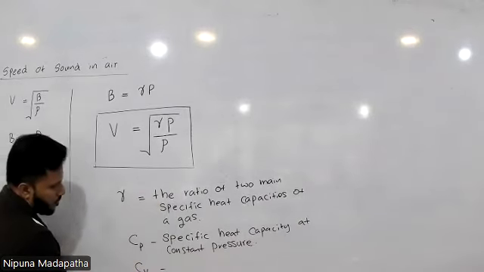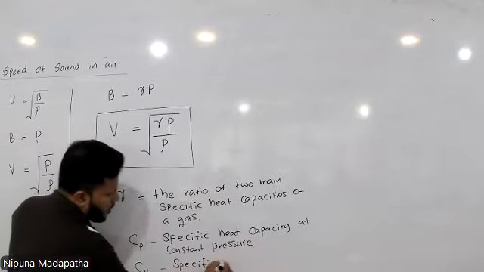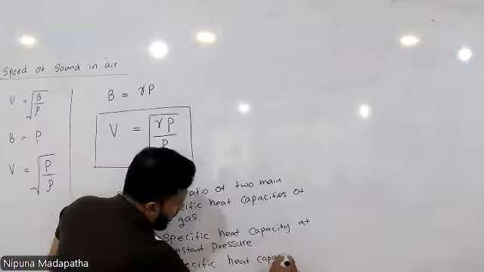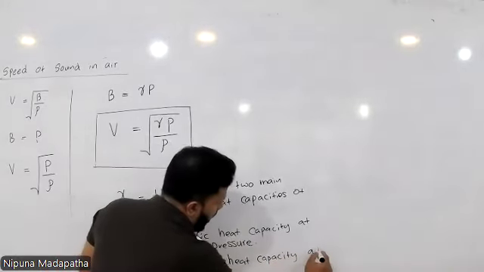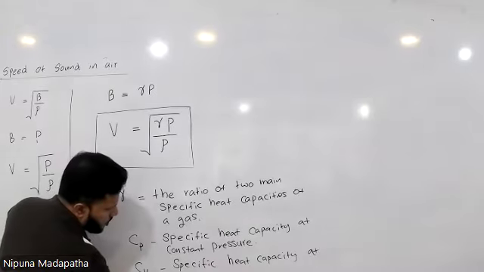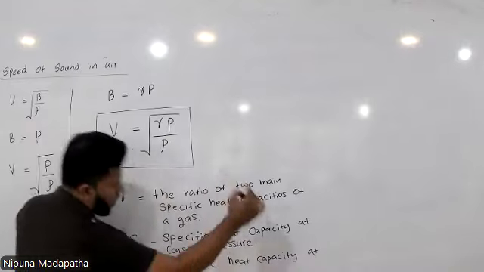Then Cv is the specific heat capacity at constant volume.